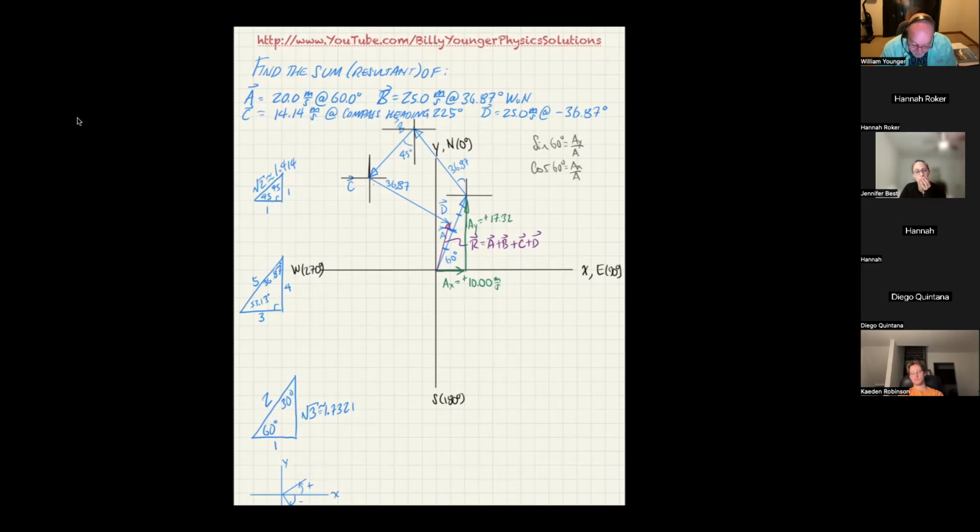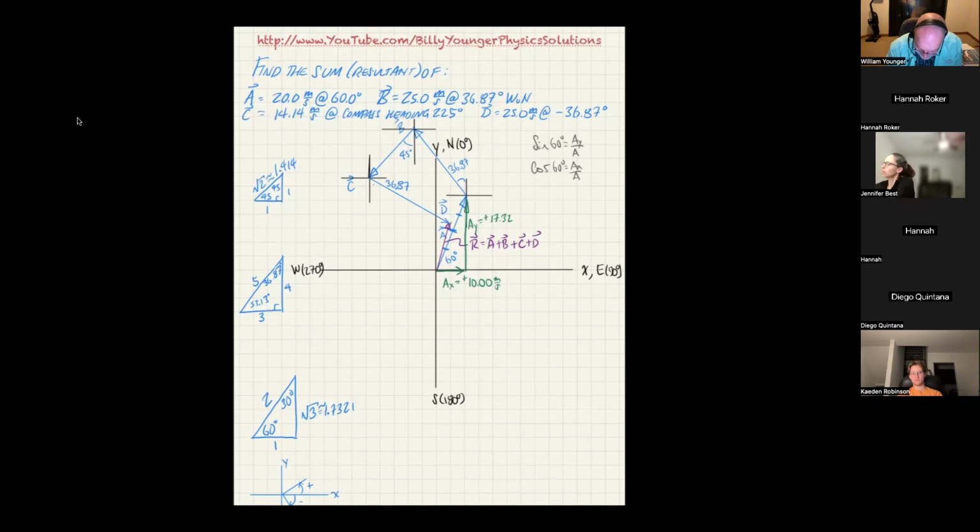Now for vector B, you guys might want to take the time and try to figure out those components yourself. Specifically, just figure out which directions they point and draw them. Don't even worry about the magnitudes yet, but draw them so you'll know whether they point left, right, up, or down. I'm going to do the same. These two, one points in the positive direction, the other one points in the negative direction.